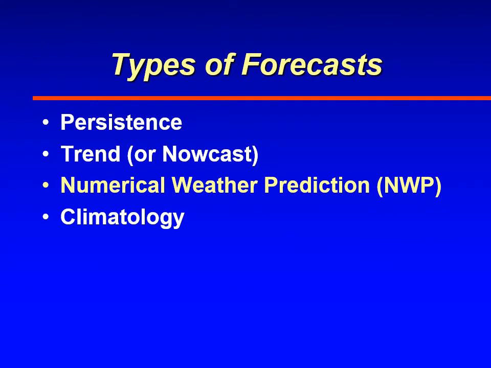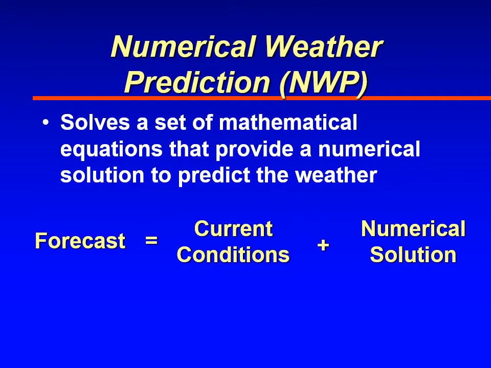Another type of forecast that can be used is numerical weather prediction. NWP states that the current conditions will change with the numerical solutions to a mathematical set of equations that give us weather forecasts into the future.